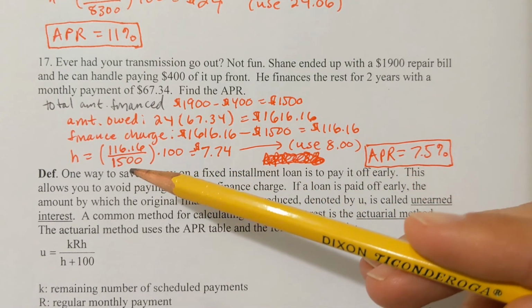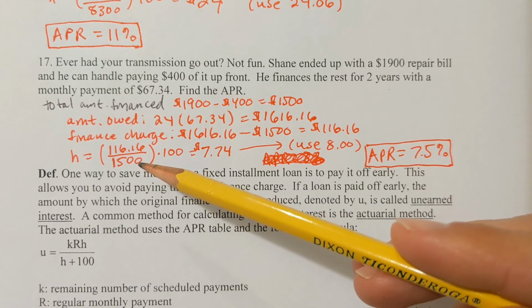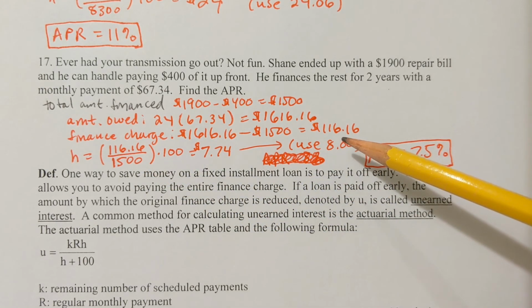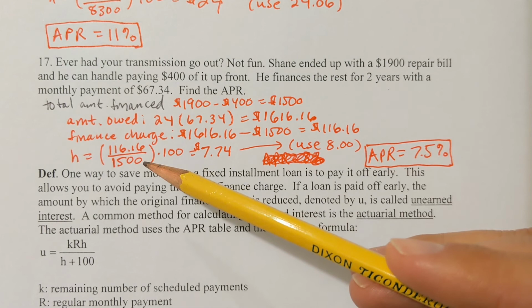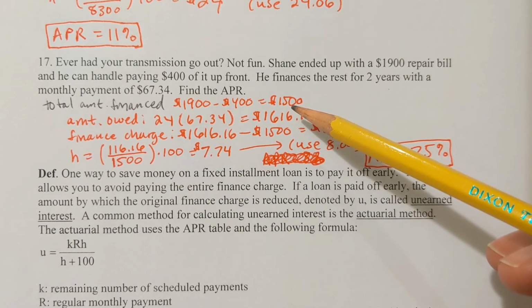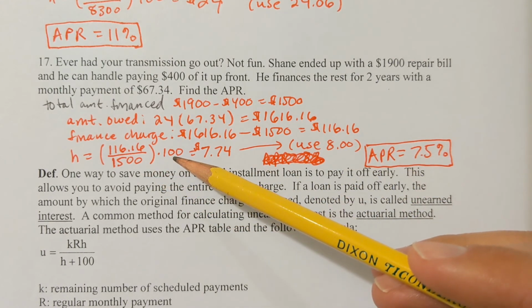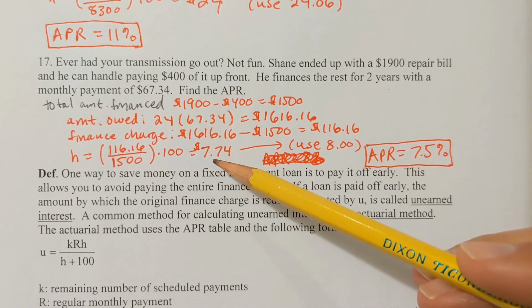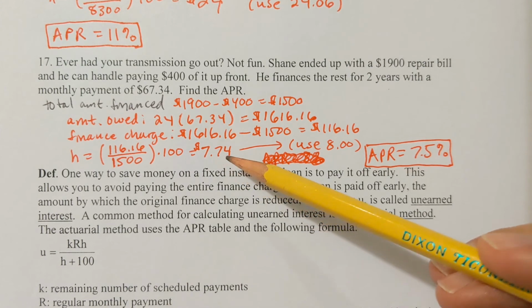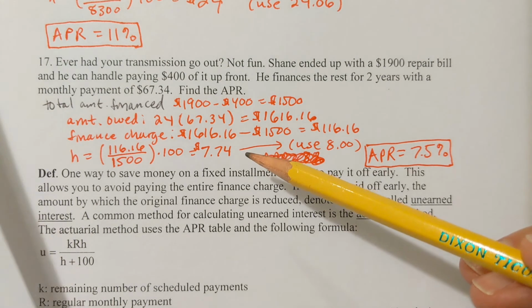So the next thing is I'm going to compute H by taking the finance charge, this $116.16 divided by the amount financed, which is $1,500, times 100, and that gives me $7.74. Okay, so let's see here.